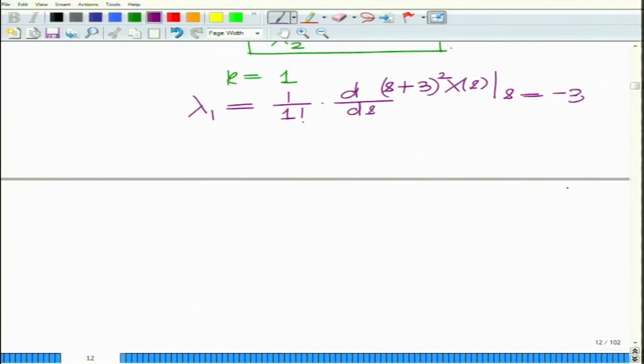Now, let us look at d by ds of (s plus 3) whole square times X(s).